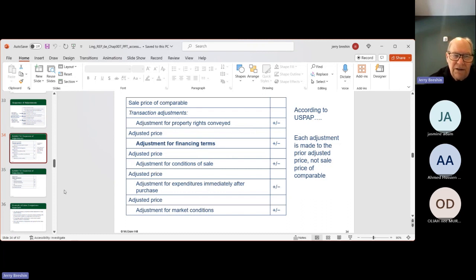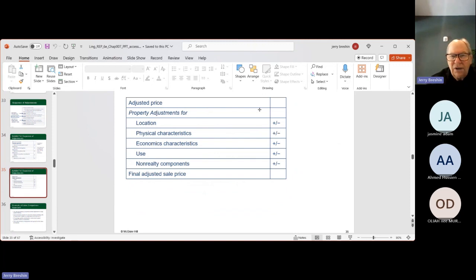See, what he's attempting to show here is, you see over here, the property rights conveyed plus or minus to the value of the home. If it's being financed, it adds or subtracts from the value, adjustments for sale, all these things. Okay, according to the appraisal board, this is essentially what they're doing, making adjustments to an existing home. The location could be a plus or minus, the physical, the economic, the use, all of that.